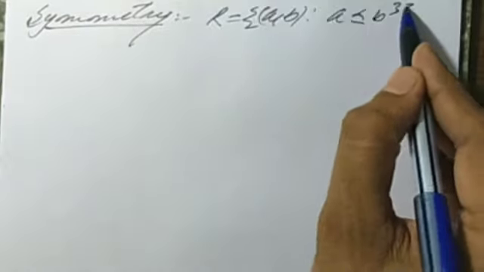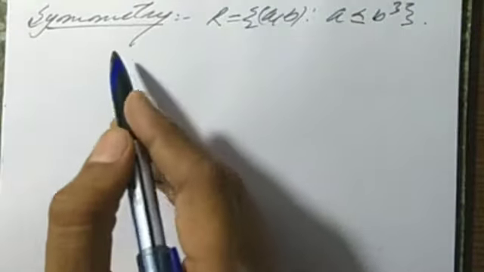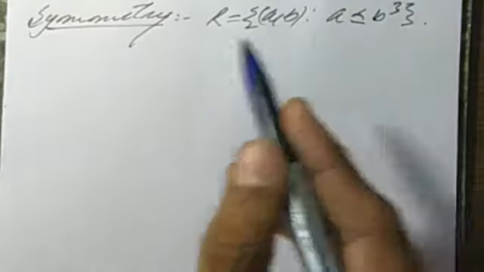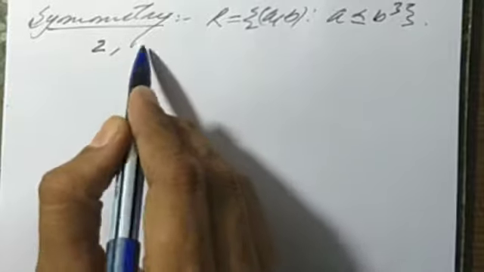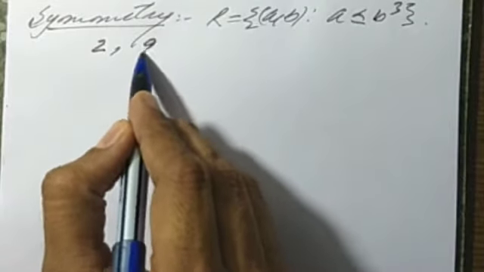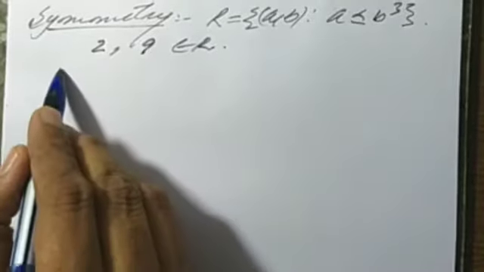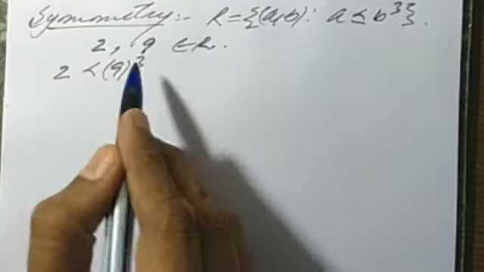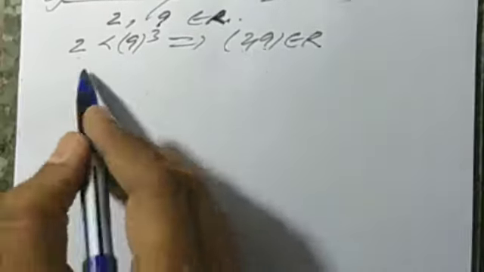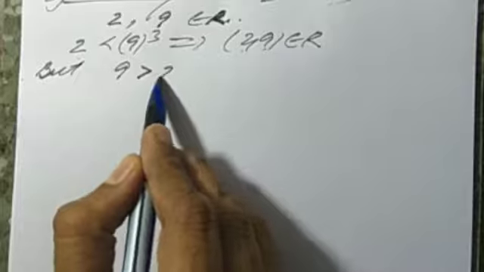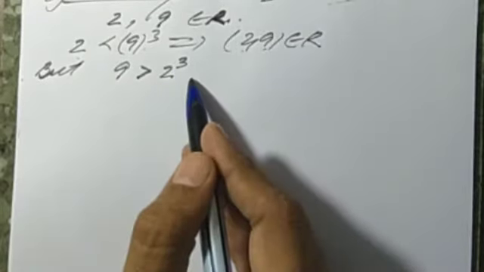Now let us talk about symmetry of the relation. For reference we have written the relation again. Now symmetry we have to discuss. So let us take two elements, say 2 and 9. Both are real numbers, and obviously 2 is less than 9 cube, so it implies that (2, 9) belongs to R. But 9 is greater than 2 cube, which is equal to 8. 9 is greater than 8.